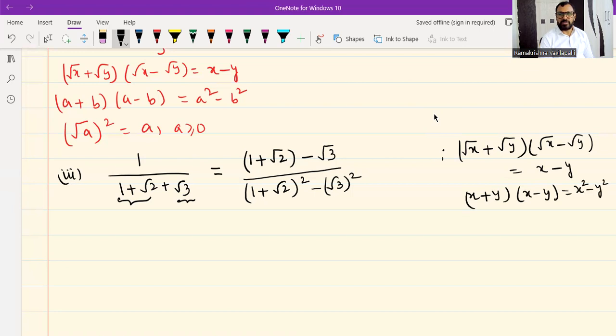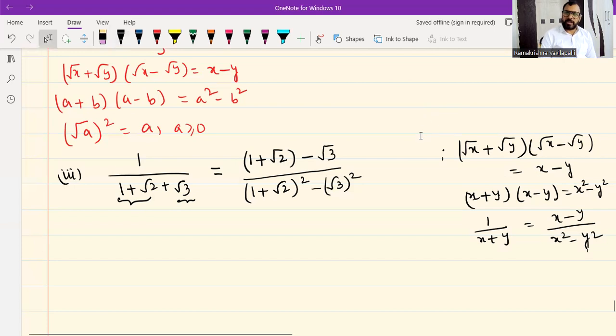Therefore, bring this 1 by (x plus y) to the right side. So 1 by (x plus y) equal to (x minus y) by (x square minus y square). These are simple manipulations of algebraic expressions. Now, coming to the question, we keep the numerator as it is.